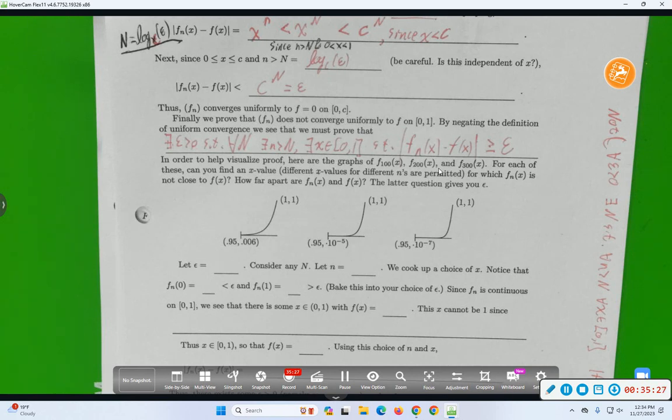So that means step one is let epsilon be equal to, and I don't get to choose, it just has to be a number.